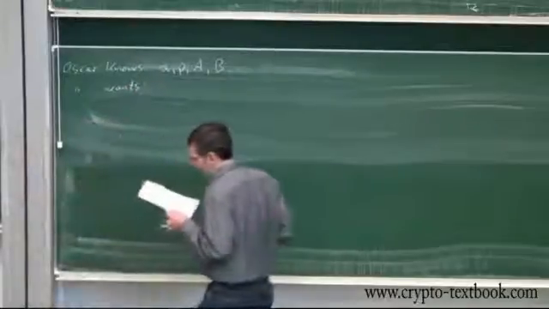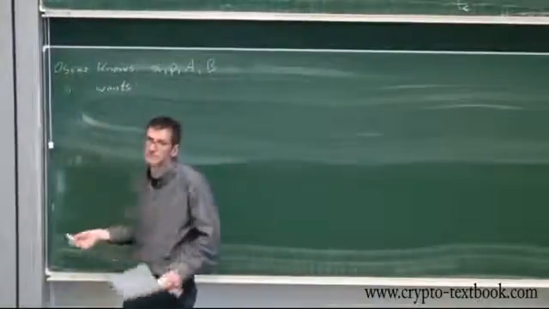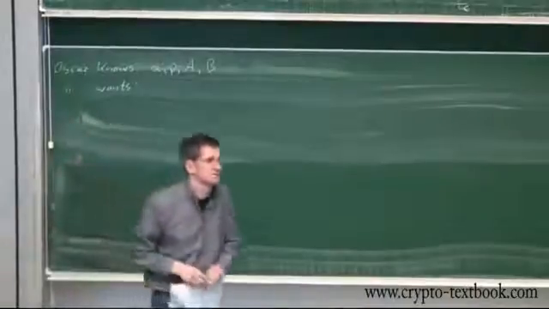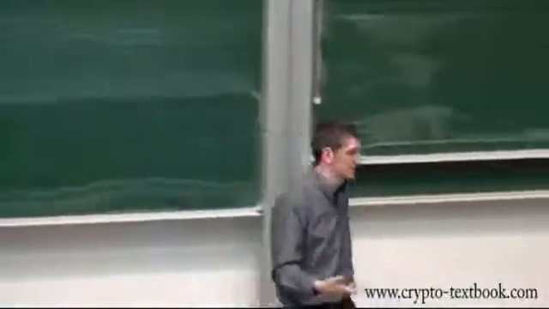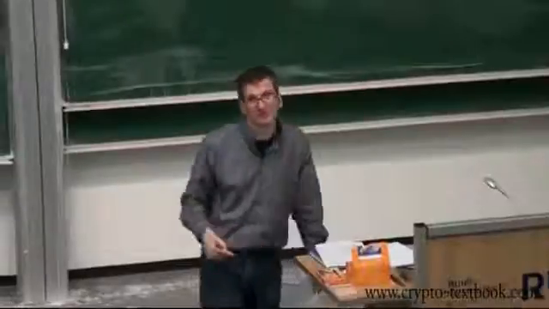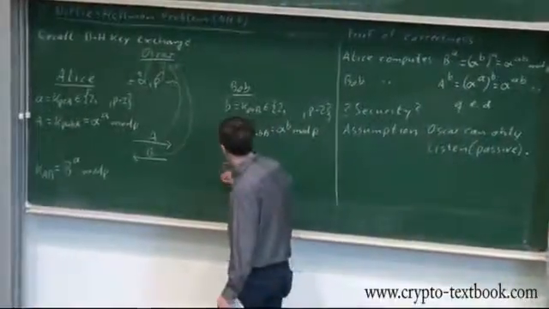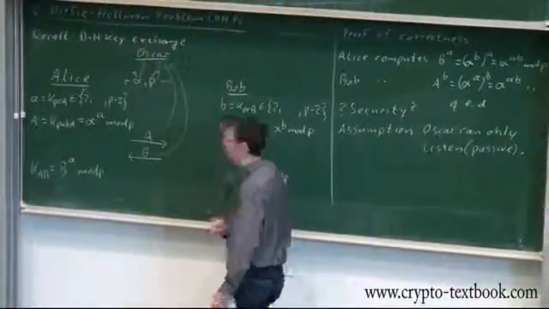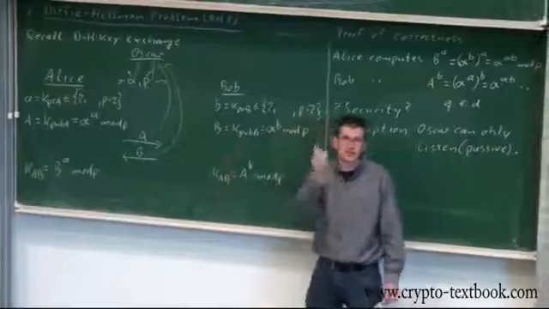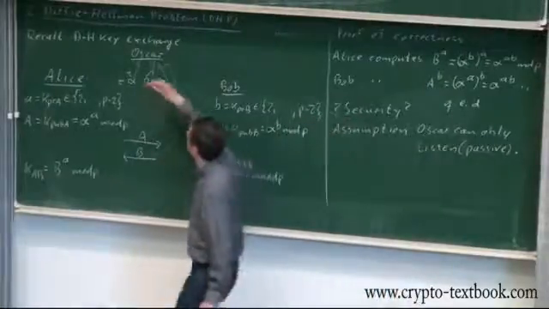What Oscar wants is, it's a good question, what does he want? What is the parameter he doesn't know and he would really, really like to know? Yeah. K_AB, exactly. The ultimate goal here, and that's very important. Read this from Oscar's point of view, right? This is Oscar here.